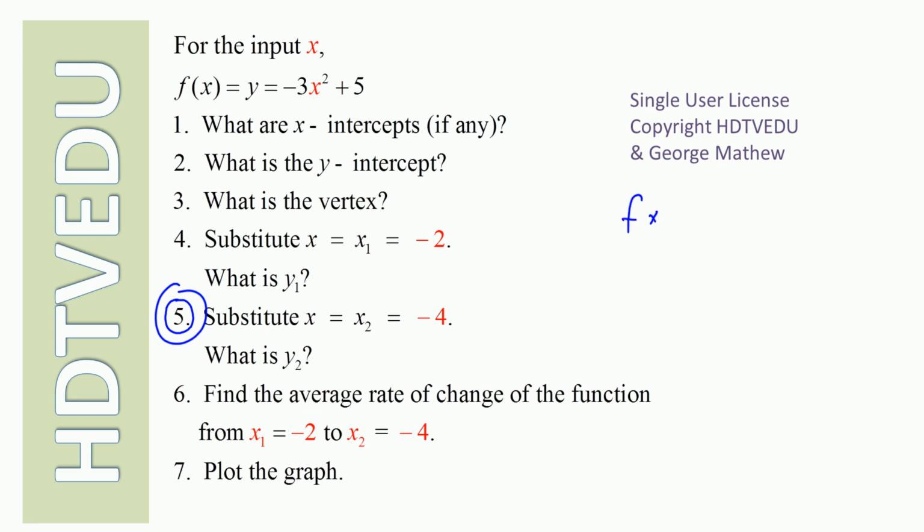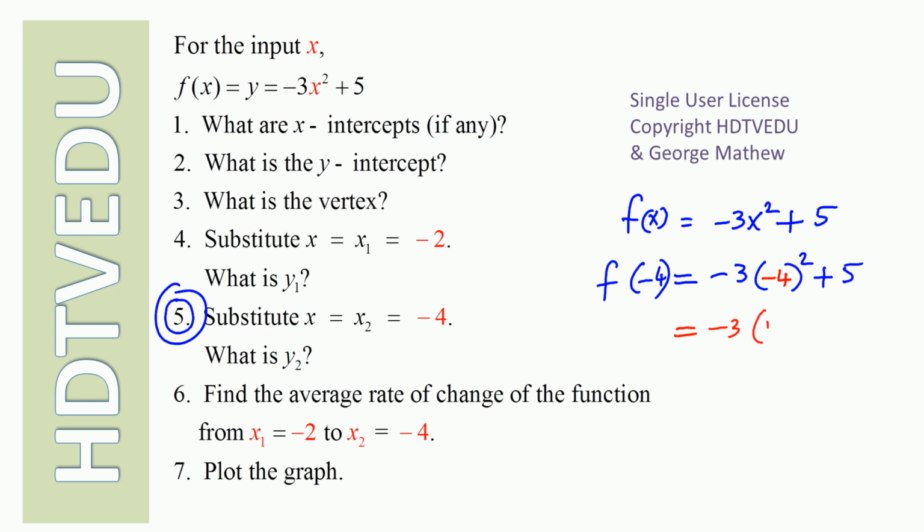Our function is f of x equals negative 3x squared plus 5. So in the space occupied by x, we substitute negative 4. So what do we get? It is negative 3 times positive 16 plus 5, negative 48 plus 5, and that is negative 43.